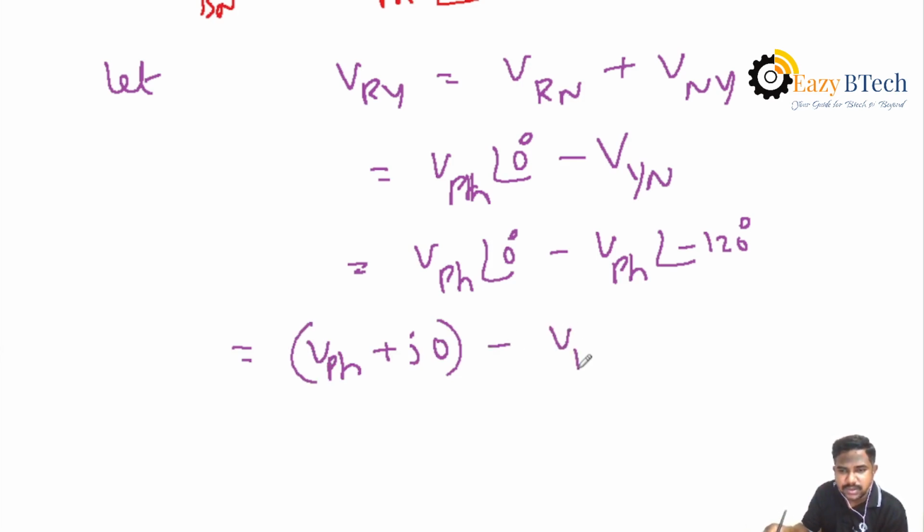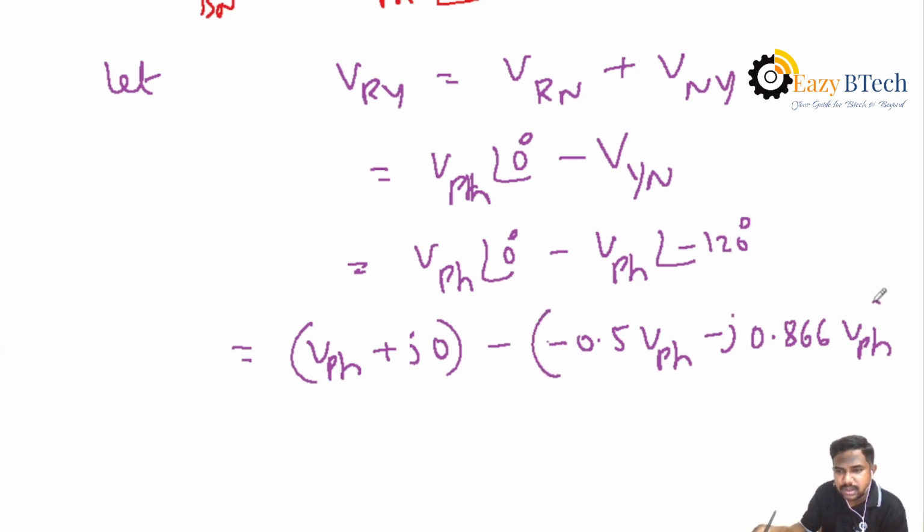Then for minus 120 degrees, the real value is minus 0.5 Vph and the imaginary part is minus j 0.866 Vph. So this is the rectangular form corresponding to the minus 120 degrees polar form.